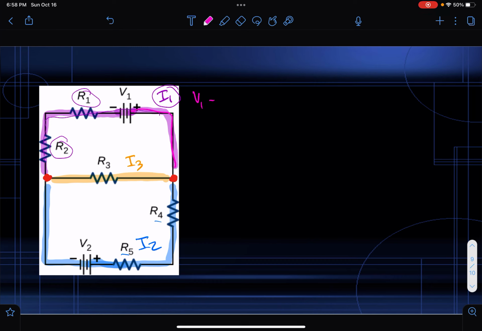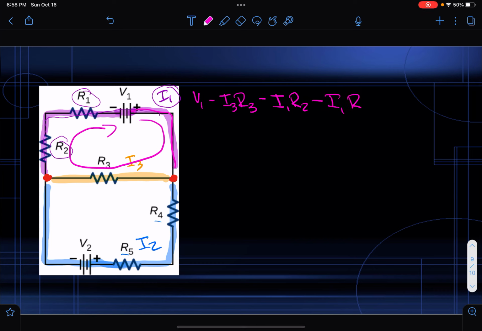Let me start over, just because I like it to go in order. So this is my loop here, not just I1. So I've got V1 minus I1R2 minus I1R1 plus I3R3 is equal to 0. Notice that if you start labeling these as individual I's, you're going to have way too many unknowns.